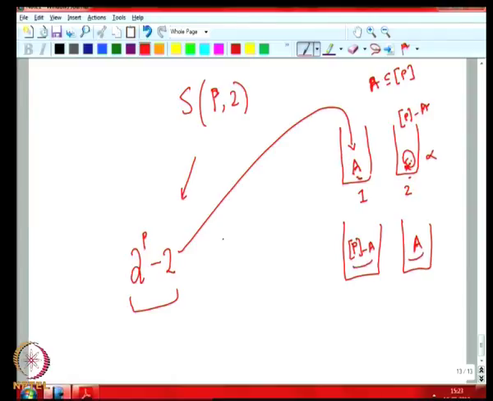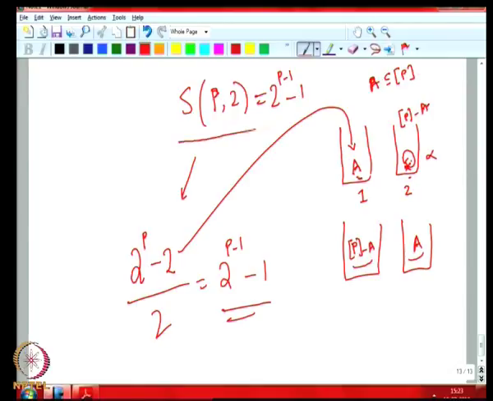So we are over counting, and we have to divide by 2, because for every pair we are counting twice. Therefore the final answer will be 2 raised to P minus 1, minus 1. This is valid for P greater than or equal to 2.